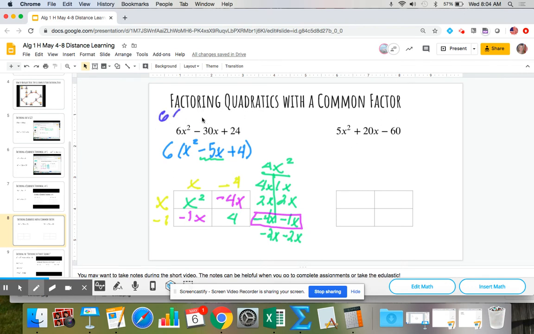So it's going to be 6 times, and this is where I'm going to write my factors to represent this piece. It'll be x minus 1 times x minus 4. So that's my final answer. I've factored a quadratic trinomial by factoring out a GCF.